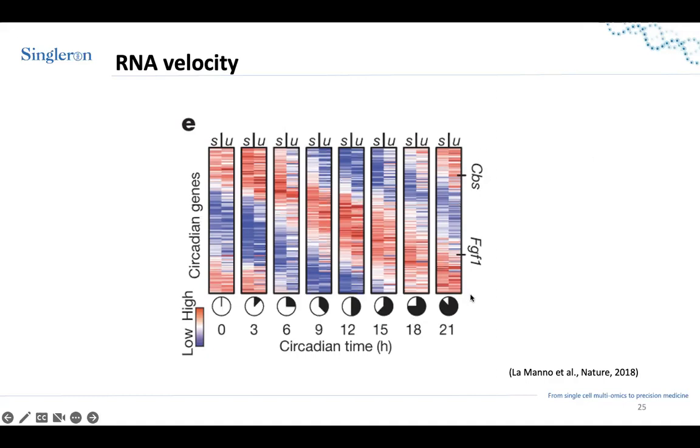So you see that the spliced and unspliced counts in the circadian genes vary with a cycle of 24 hours, which means that one can use this information, spliced and unspliced counts, to measure the stage at which a particular cell is.